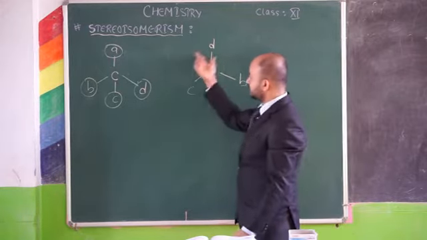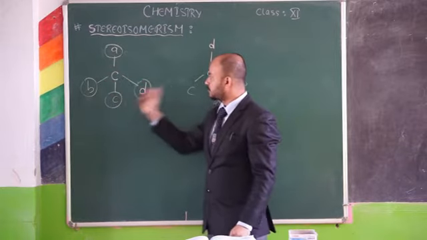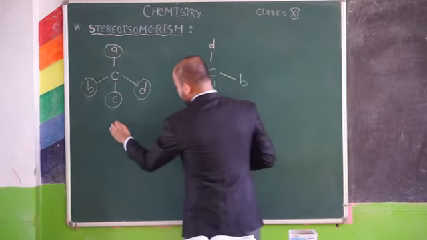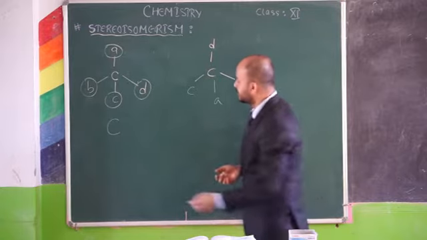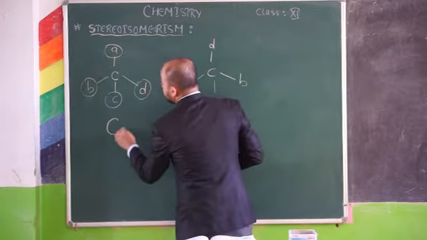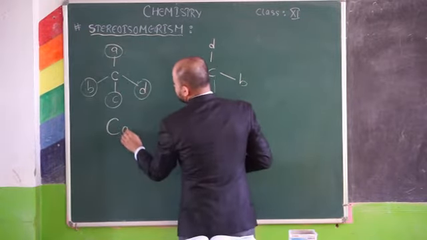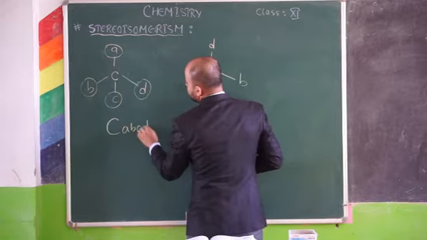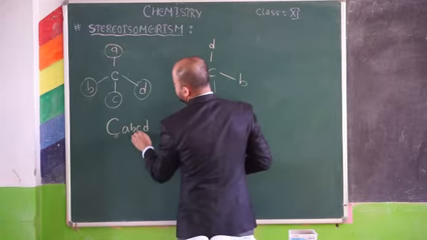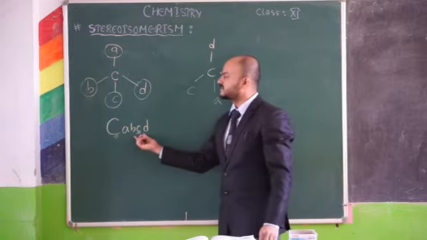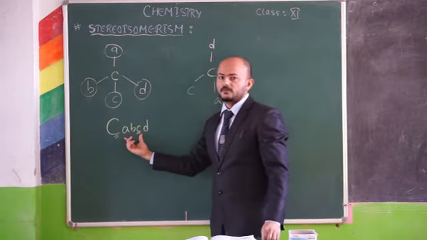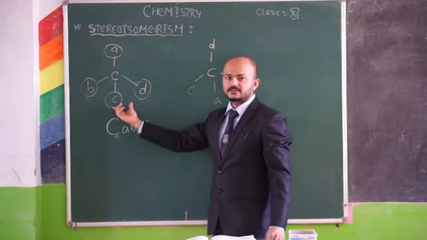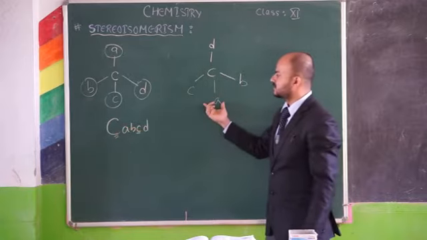Then you can see the molecular formula is the same, that is C with A, B, C and D. This is the carbon center and these are the attached groups. With the same molecular formula, you can have this structure or you could also have this structure.